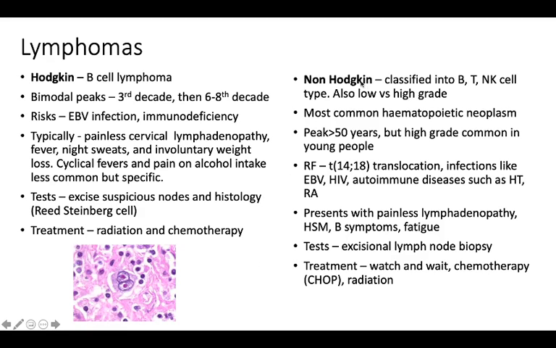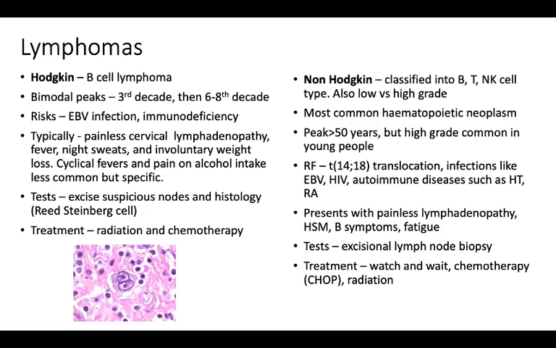We also have non-Hodgkin's lymphoma, which you can classify into B cell, T cell, NK cell type, but also into low and high grade non-Hodgkin lymphomas. It's the most common hematopoietic neoplasm. It peaks at above 50 years of age, but the high-grade variety is more common in younger people.